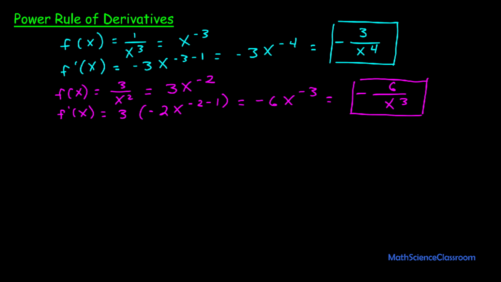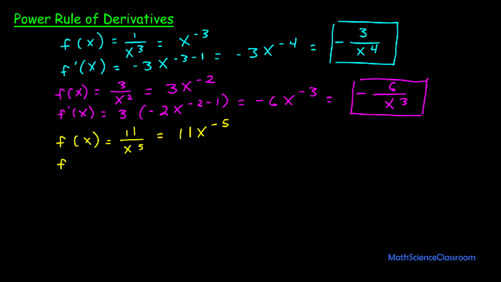Next, f of x equals 11 over x to the fifth equals 11x to the minus fifth. Okay, we first identify the constant, isolate the constant, and then we apply the power rule.